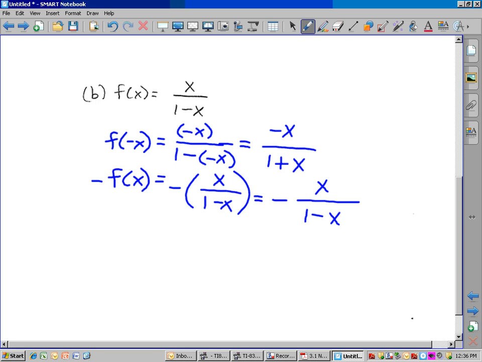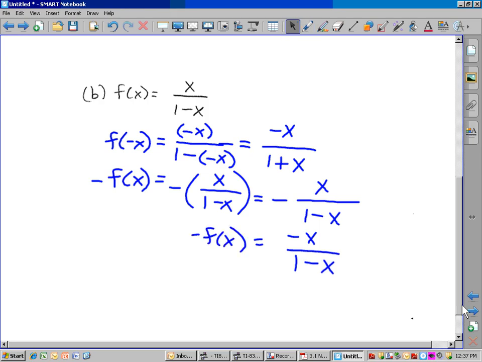Nope. That's exactly what I was hoping you would do. You distribute it to both top and bottom, right? If you put a negative on top and a negative on the bottom, that's two negatives, which is really what? Positive, which is not what we're distributing. When you distribute a negative, you can only put it on the top or the bottom, not both. So I prefer to just leave it on the top. All right, so that's negative f of x.